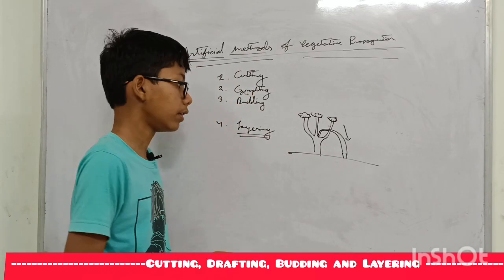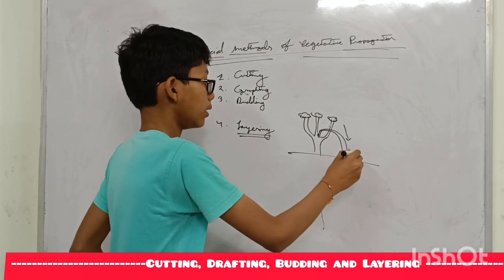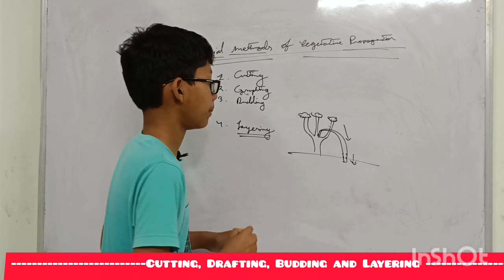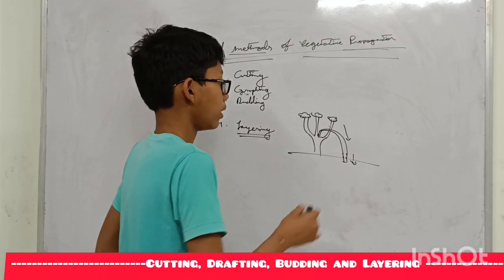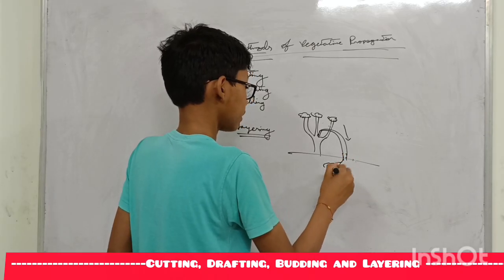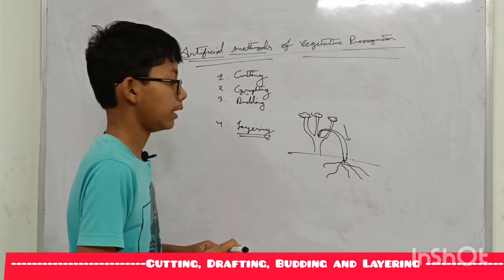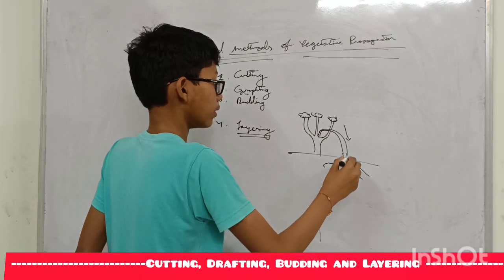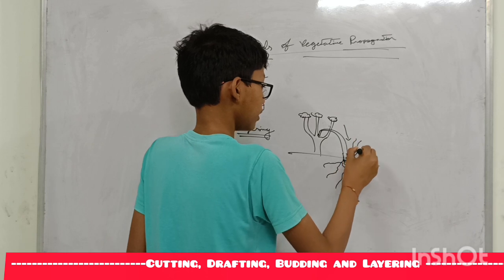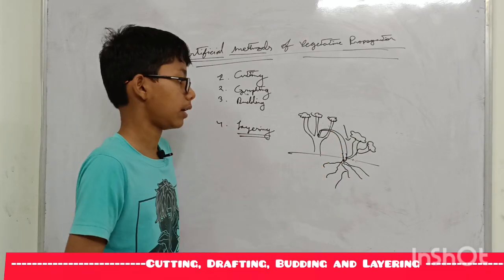So the process here is also simple. If you put the stem down into the soil and do the basic things of how to grow a plant, for example watering and keeping it in sunlight, then eventually in the place where the stem has been bent down, there will be roots, and shortly after that it will create a new plant exactly the same as the one that has the bent down stem.